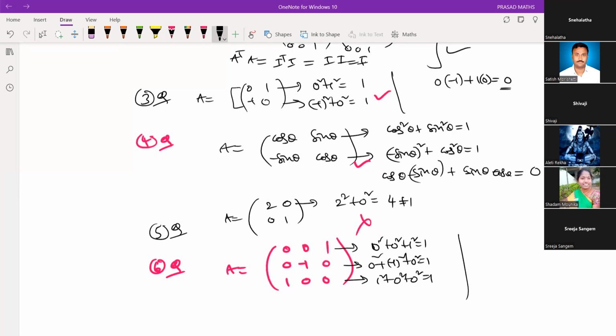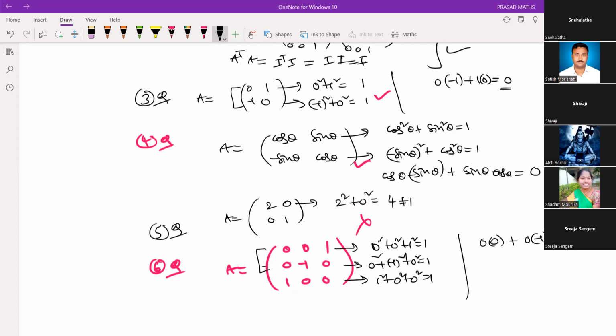And look at the second condition. Look at the first and second row. The sum of the products of the elements of any row with the corresponding elements of any other row should be 0.